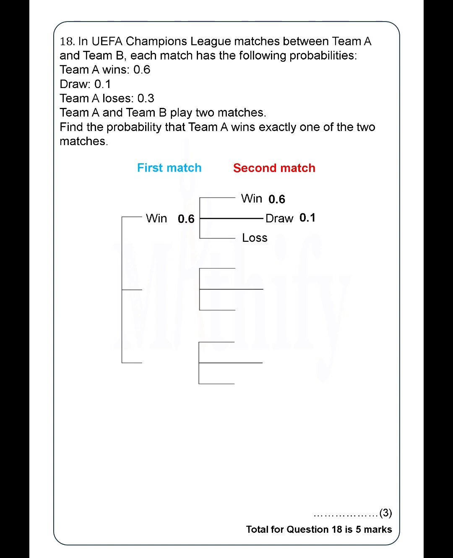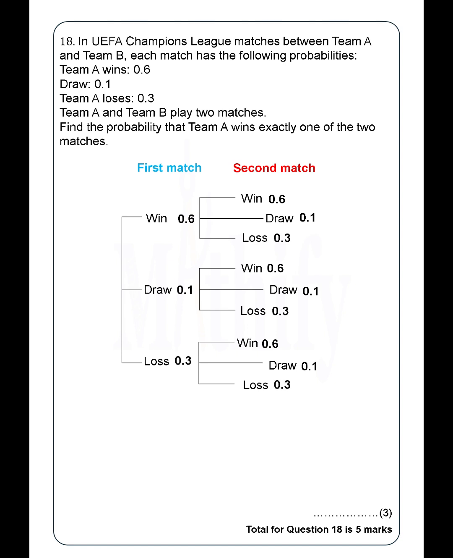Probability of losing a match, 0.3. Probability of drawing, 0.1. Probability of winning, 0.6. Probability of losing, 0.3.